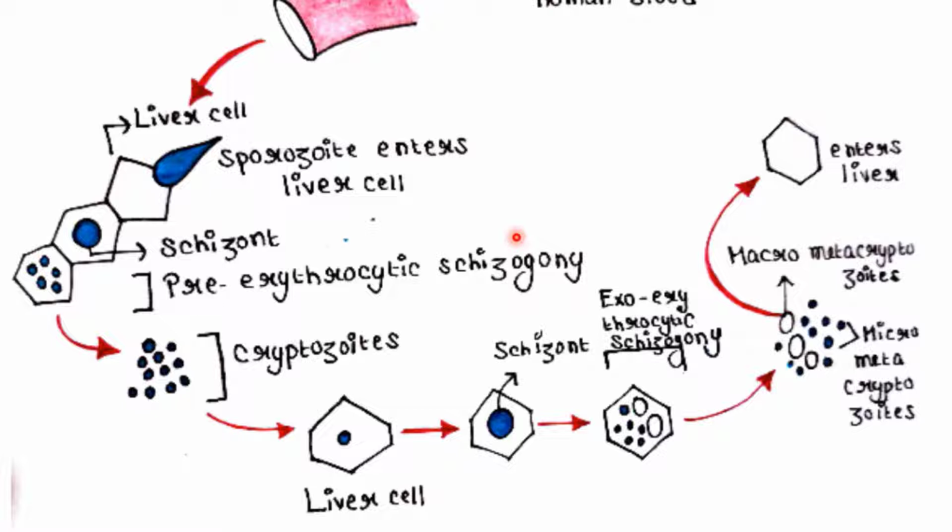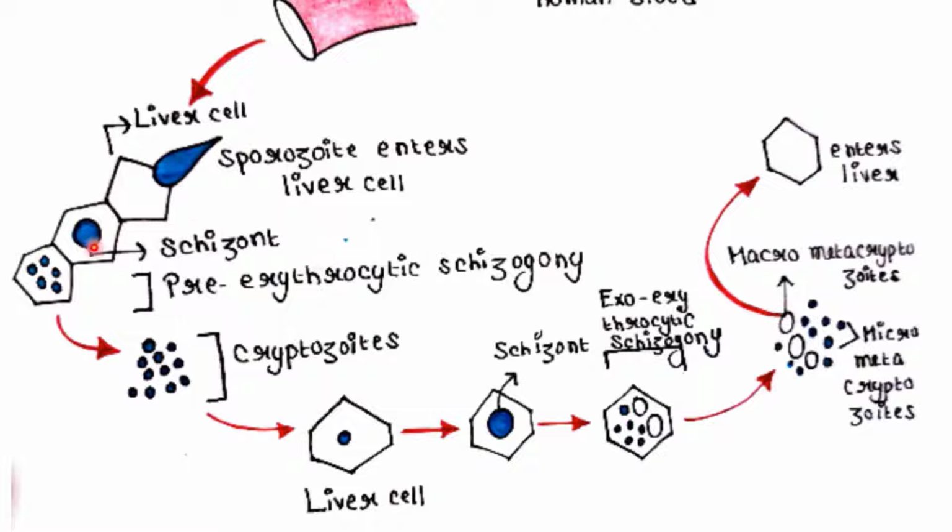Specifically, it is called pre-erythrocytic schizogony, because it occurs before entering the erythrocyte or RBC. It is occurring outside the blood, outside the RBC, inside the liver. That's why it is called pre-erythrocytic schizogony.